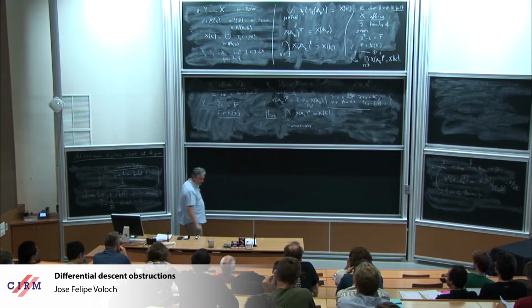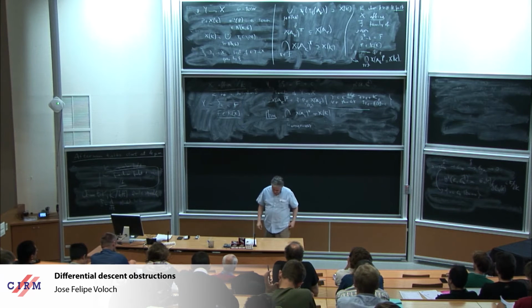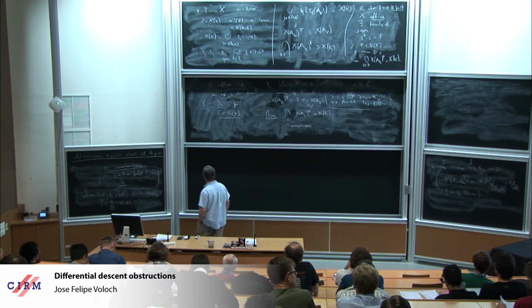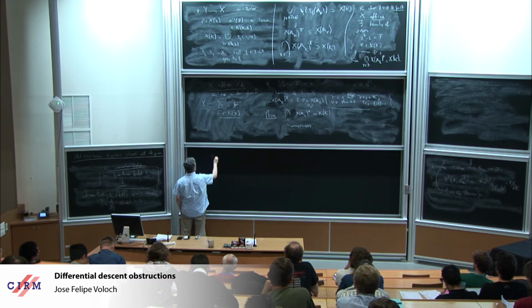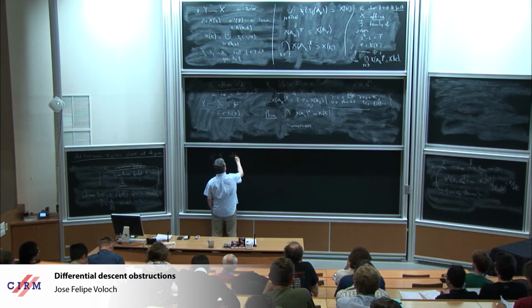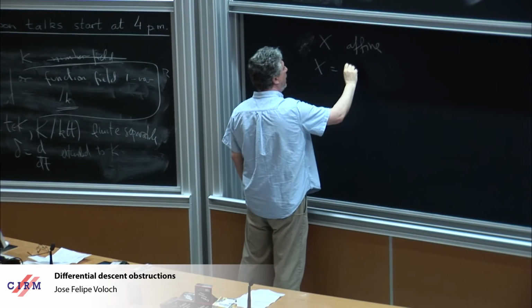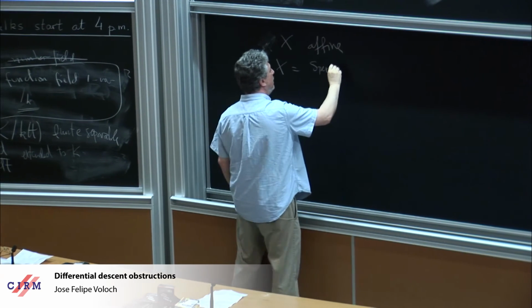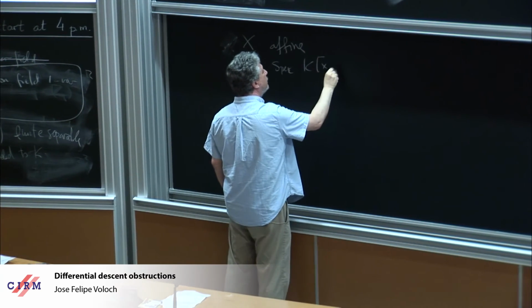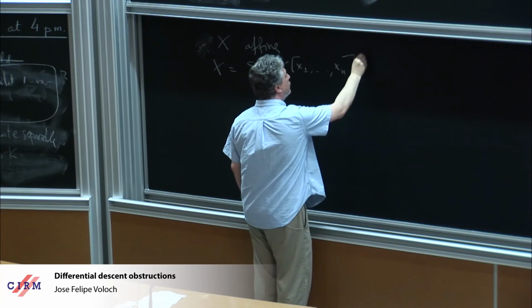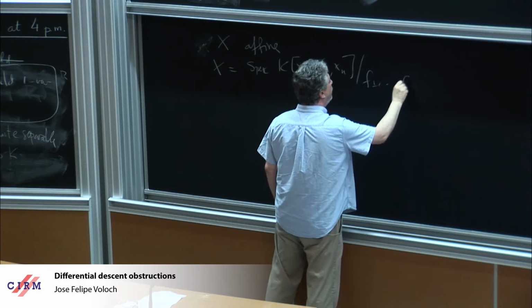Okay, so I want to define what are called jet spaces. So let me first define, so let's start with x affine, and write x as spec of k x1 xn modulo f1 fm.